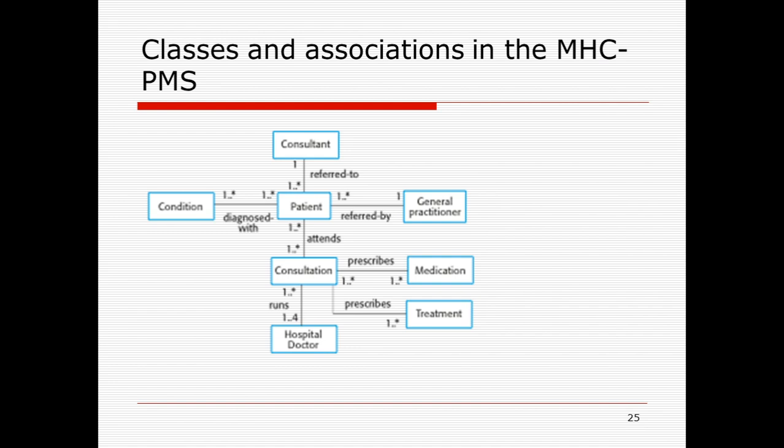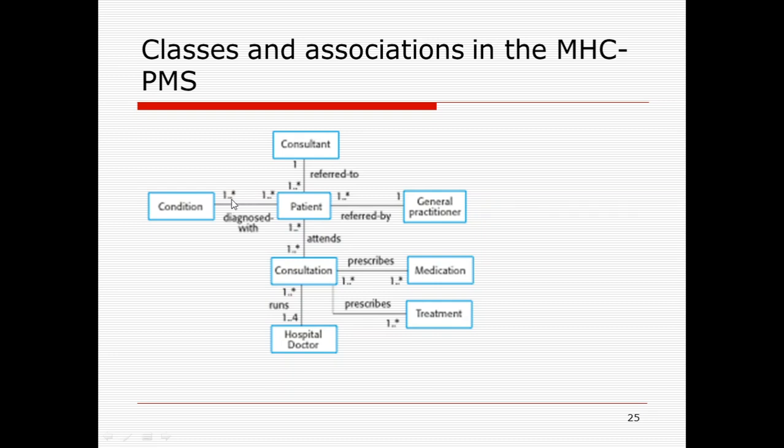For the association in the mental healthcare patient management system, this particular class diagram may be used. So these are different classes. The lines indicate the association between one class and another class, and the figure here indicates one or more. Star indicates more, which can be any number above one.